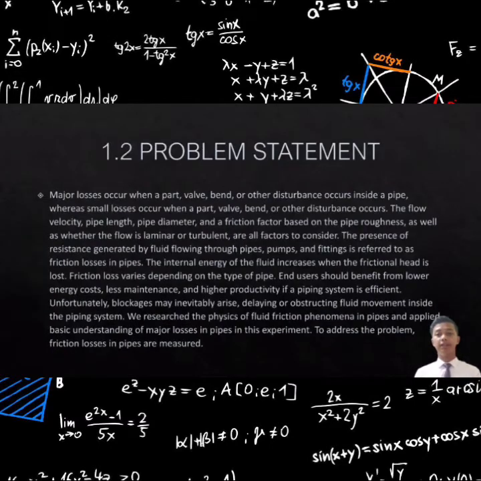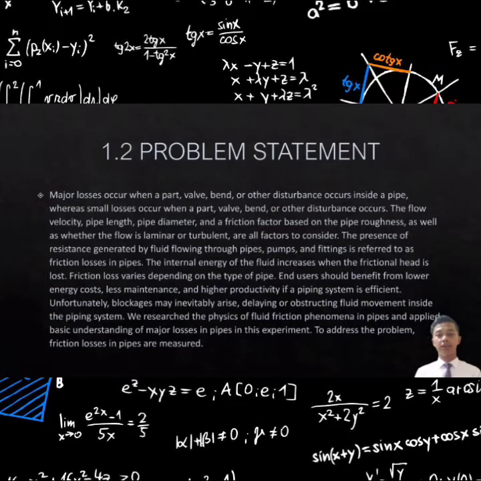For the problem statement, major loss occurs in a straight pipe, whereas minor loss occurs when a pipe valve, bend, or other disturbance occurs inside a pipe. The flow velocity, pipe length, pipe diameter, and friction factor based on the pipe roughness, as well as whether the flow is laminar or turbulent, are all factors to consider.